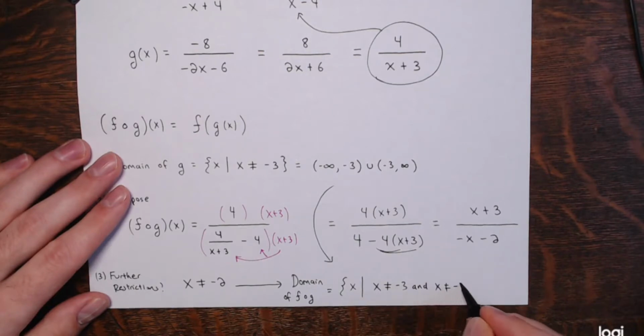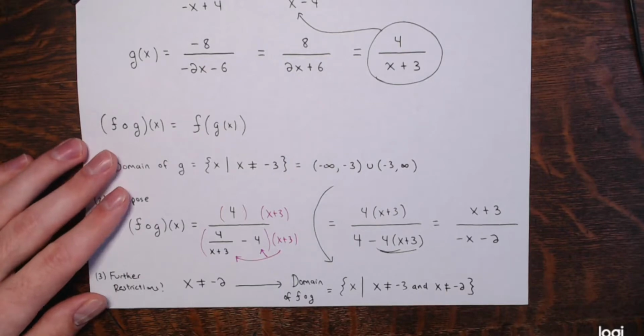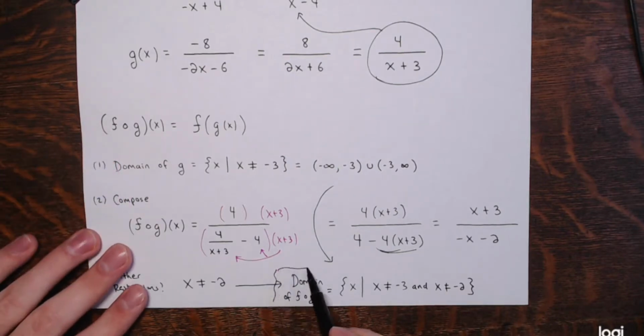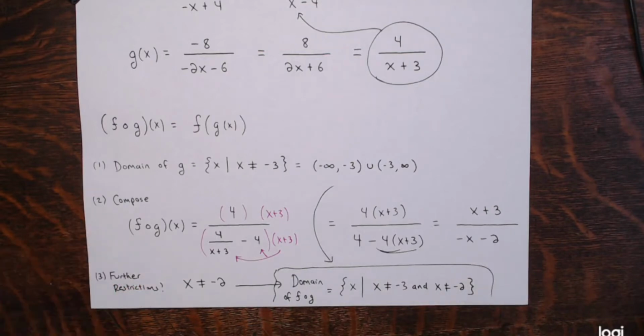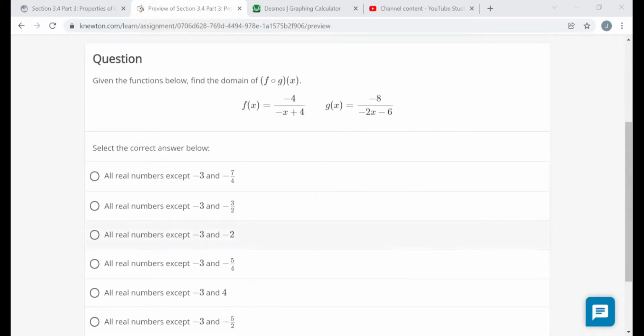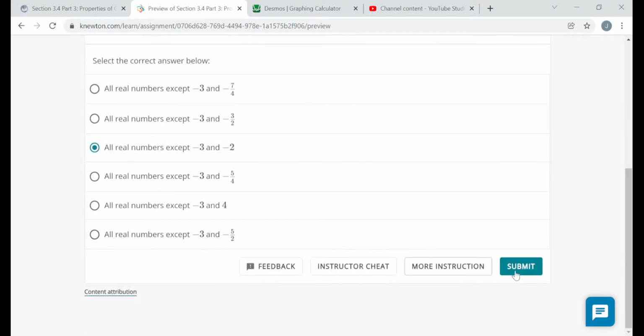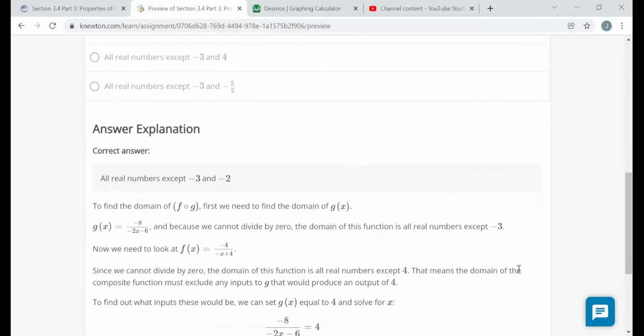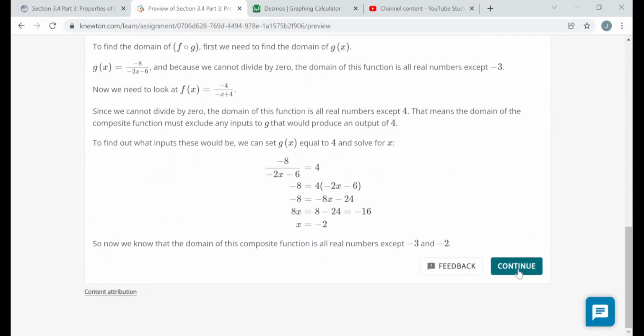And you can put this in interval notation as well, but again, it's multiple choice. But here it is. Here's the domain. All the numbers can be plugged into this composite function except negative 3 and negative 2. So going back here, that's this option here. Wonderful. Okay, next question.